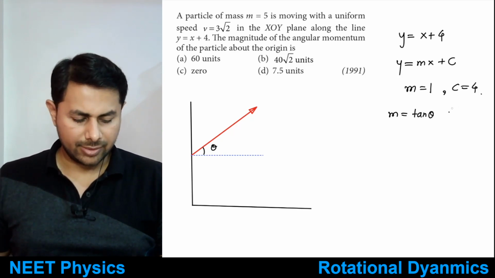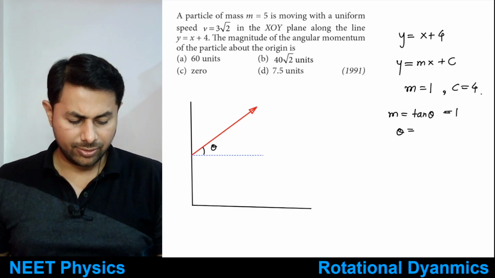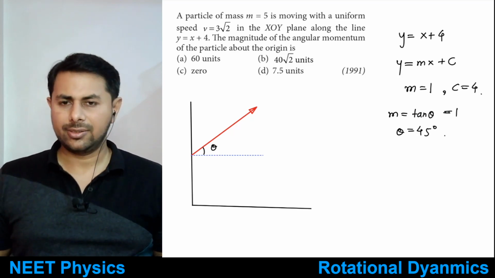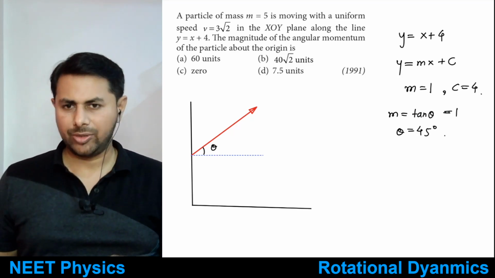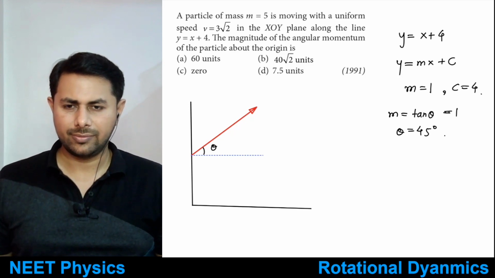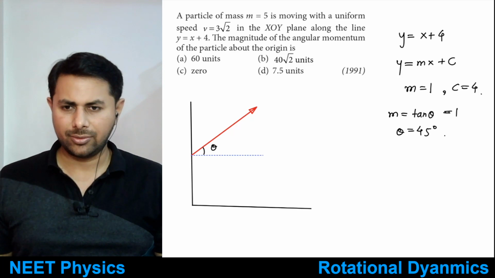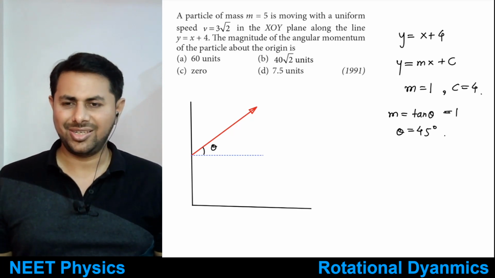That means theta is equal to 45 degrees, because we know tan of 45 is 1. Is this clear?